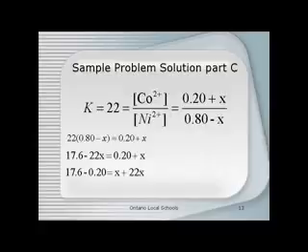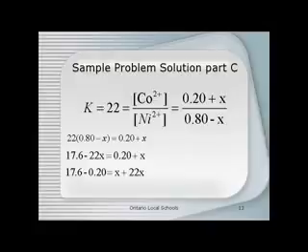We're going to go through the process of solving for X. So 22 times 0.80 minus X is equal to 0.20 plus X. 17.6 minus 22X is equal to 0.20 plus X. I subtract 0.20 from both sides and I add 22X to both sides. So I get 17.6 minus 0.20 is equal to X plus 22X.